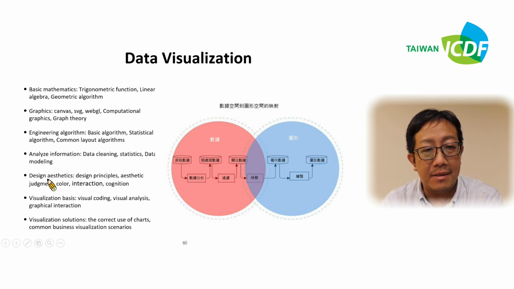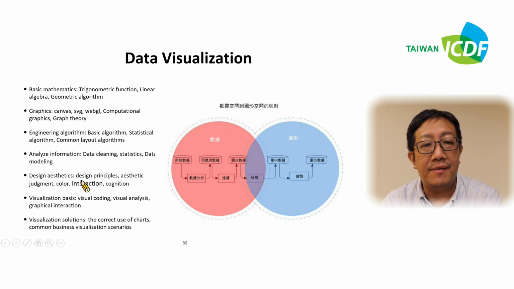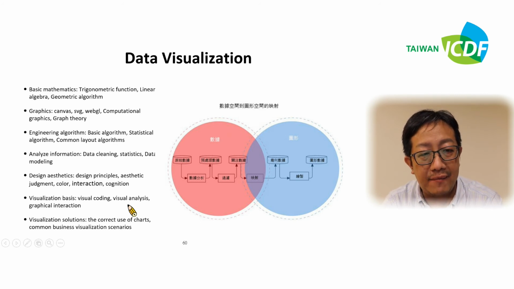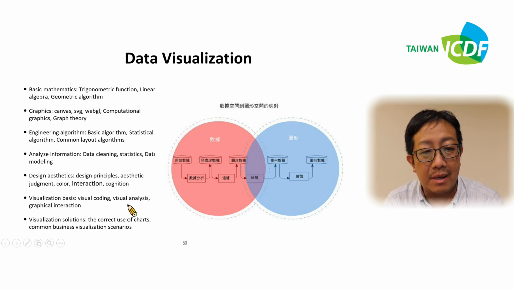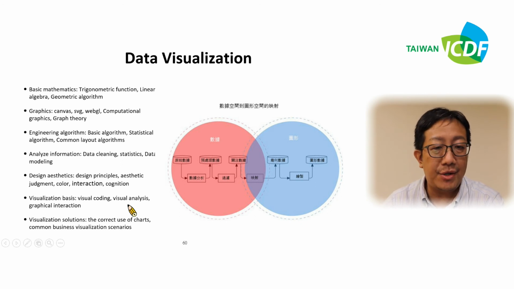And with the visualization, we have to have the beauty of it, the design aesthetics. We have the design principles, judgment, color, interactive connectivity, and cognition. And of course, we will have the visualization basis, like visual coding, visual analysis, and graphical interaction. And finally, we have the visualization solutions, where you use charts for common business visualization scenarios, like the bar, the pie charts, and everything.